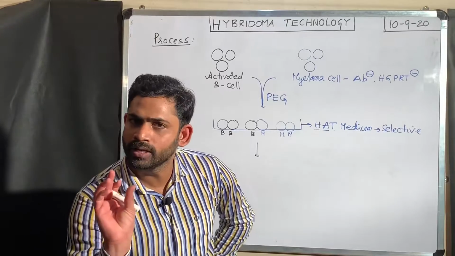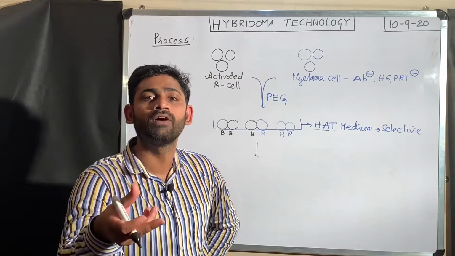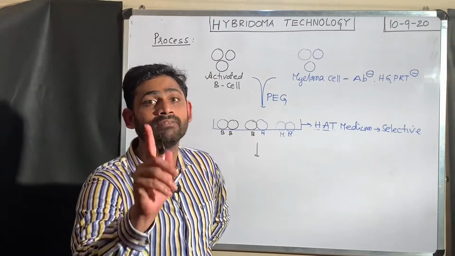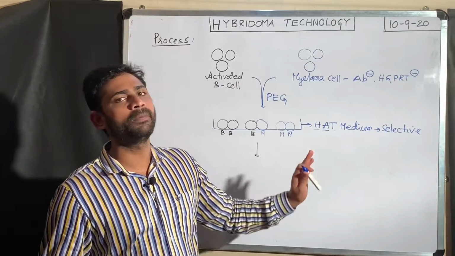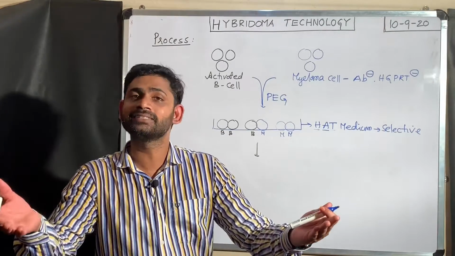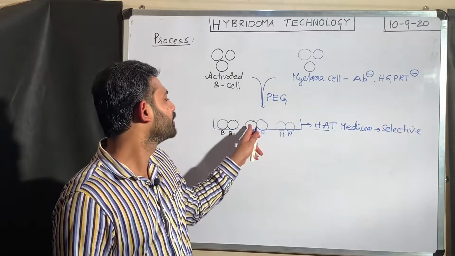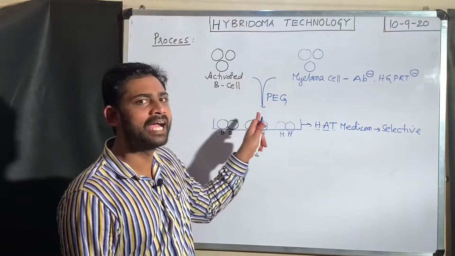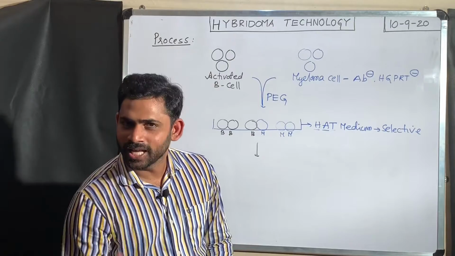Overall, which pathway can this hybrid cell follow? These hybrid cells follow the salvage pathway. They cannot proceed through the de novo pathway, but they can synthesize nucleotides through the salvage pathway. So this B lymphocyte and myeloma hybrid cell can synthesize nucleotides through the salvage pathway.